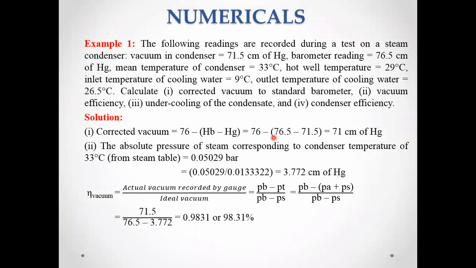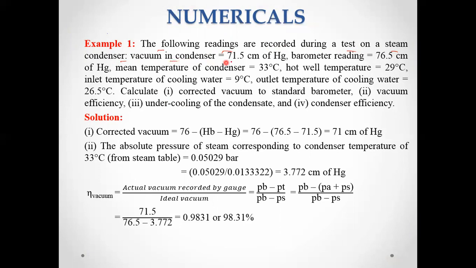If you see the statement, it says that the following readings are recorded during a test on a steam condenser. So the test is conducted on a steam condenser, and we are recording.